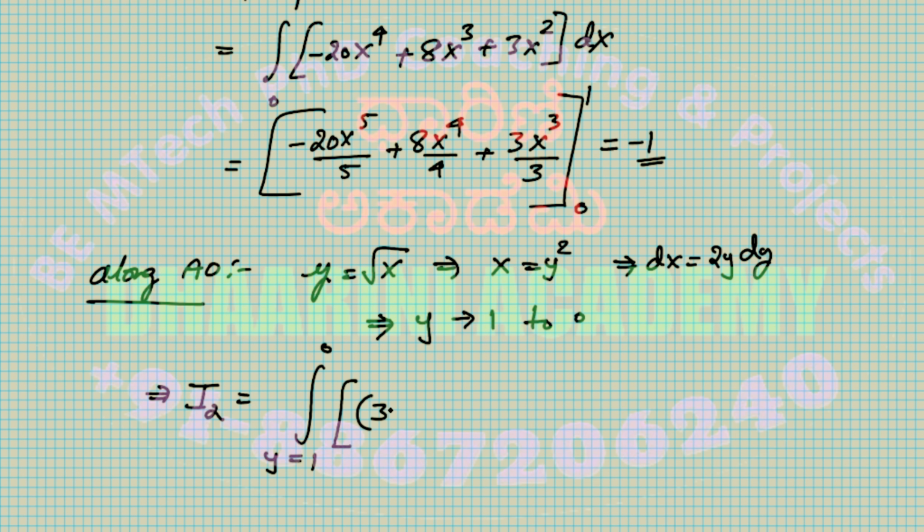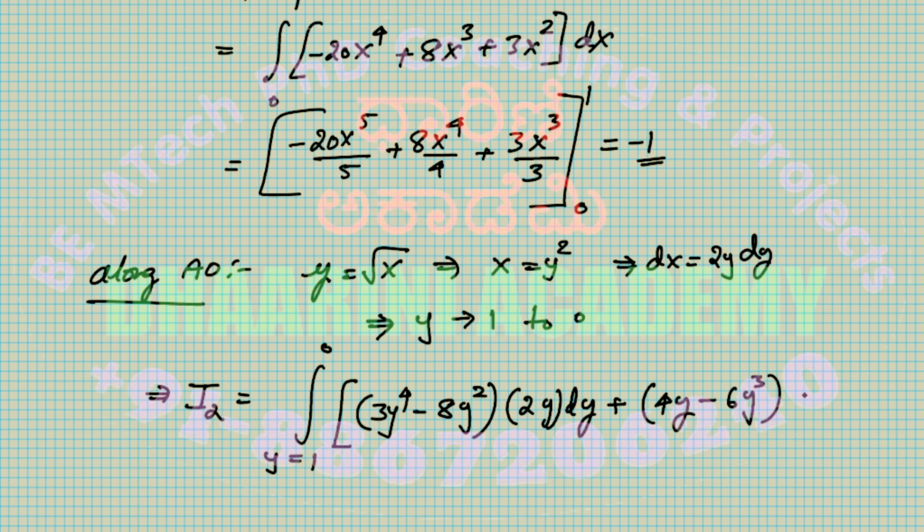Y to the power 4 minus 8y square into, there is a dx. Dx becomes 2y dy plus 4y as it is minus 6y cube dy. Just check this. Hope you're fine.